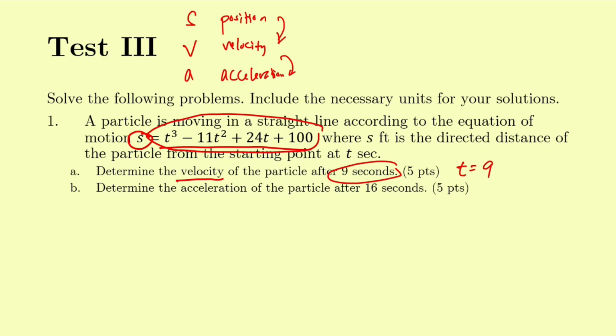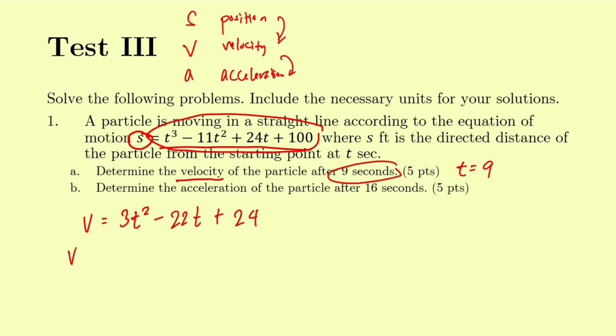So this will become 3t squared minus 22t plus 24. And simply plug in the value of 9.